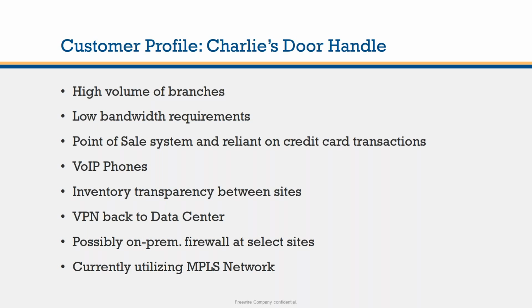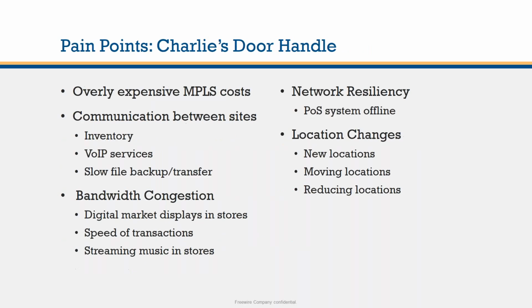Possibly they've got an on-premise firewall, but most likely they're routing all traffic back to a centralized data center at HQ, in which there's a large enterprise firewall that's going to do deep content filtering before any type of internet access.